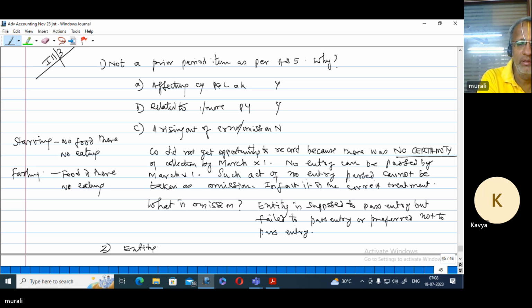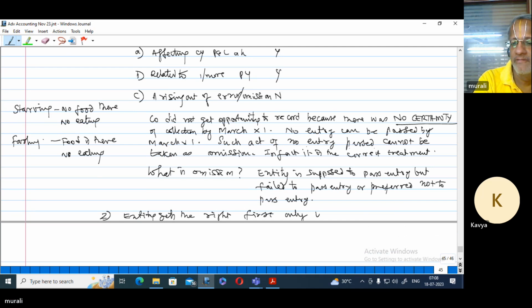Entity gets the right first only when the claim is admitted in March X3.